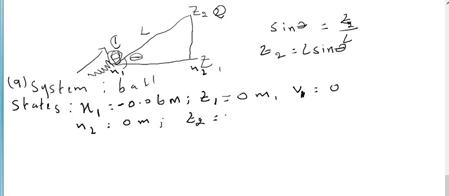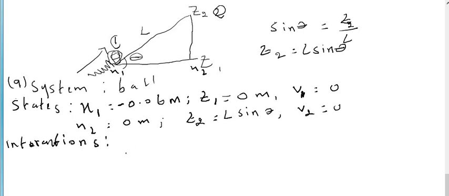So here is L sin theta, and B2 is also 0 from the given information. Then we have interactions. From the given information, there is no heat in the system, so heat is 0.